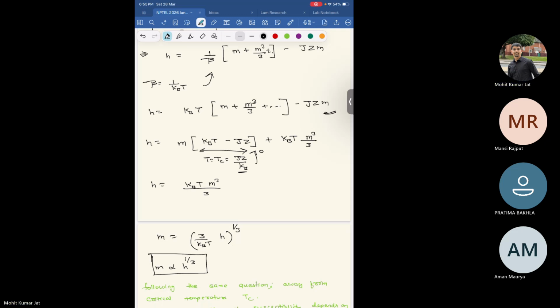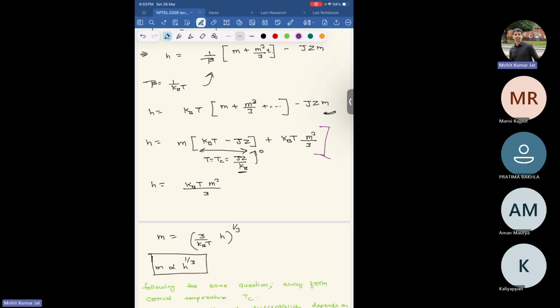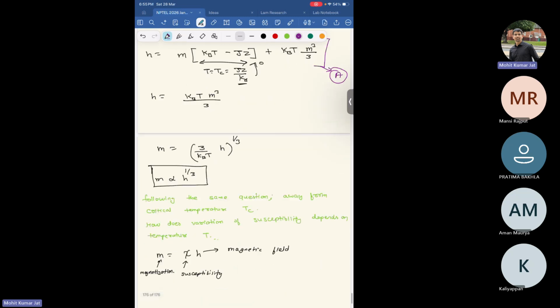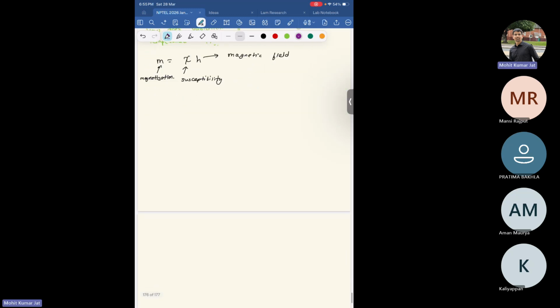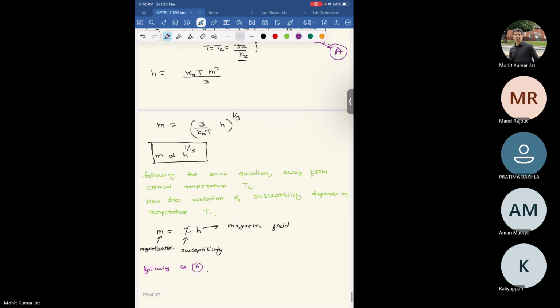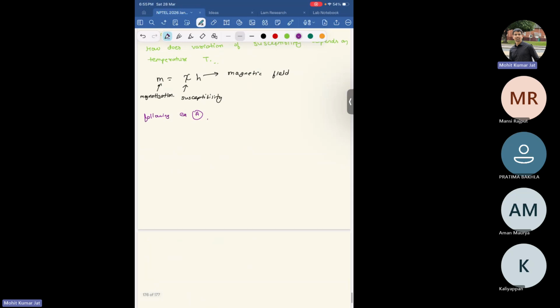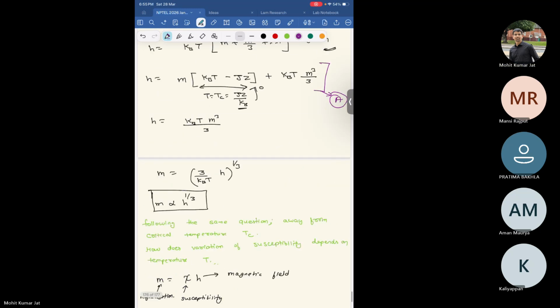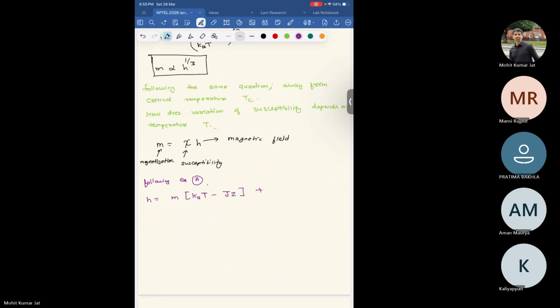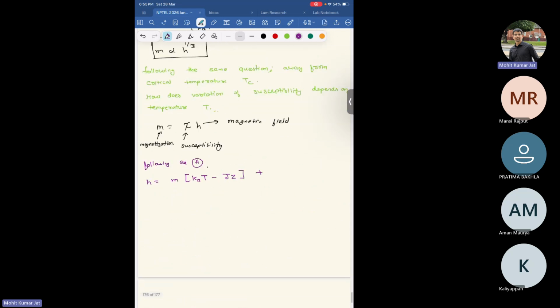So let me just give this equation a name. Let's give it equation A. Following equation A, what we have is H is equal to M (KBT minus ZJ) plus KBT M cube by 3.